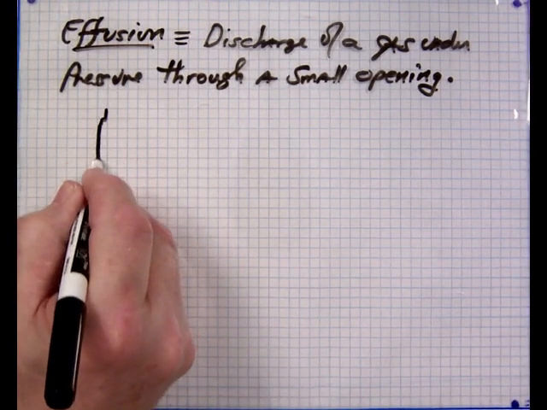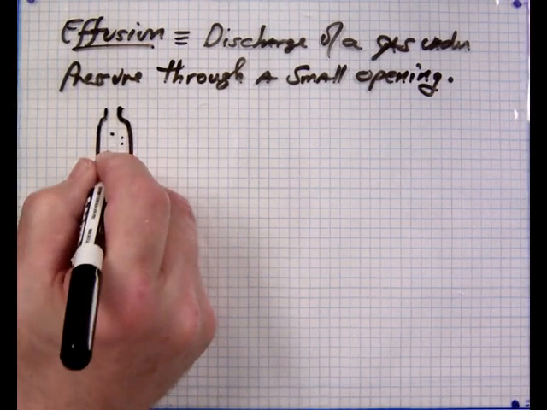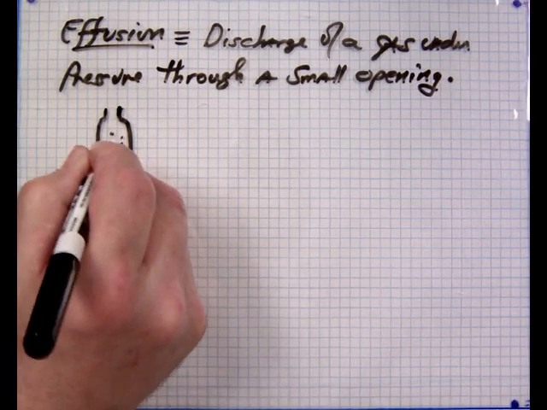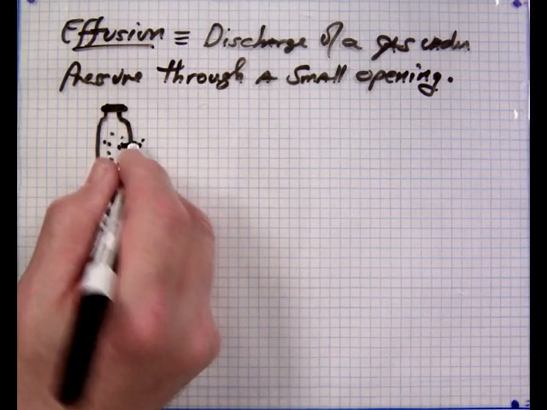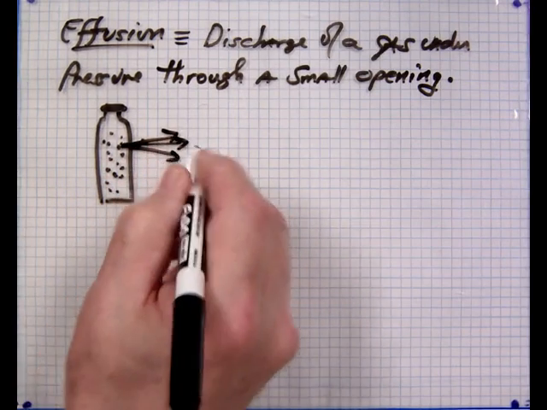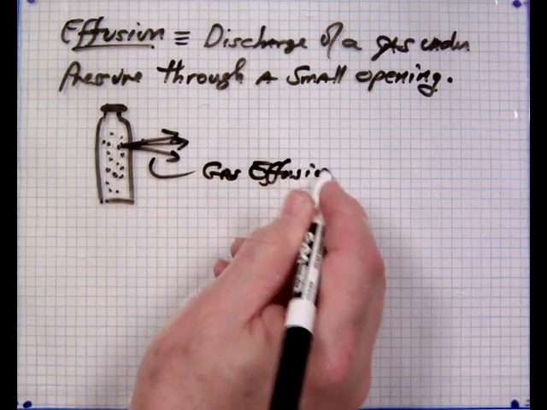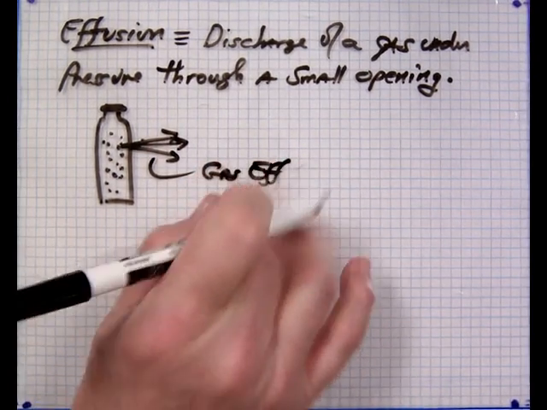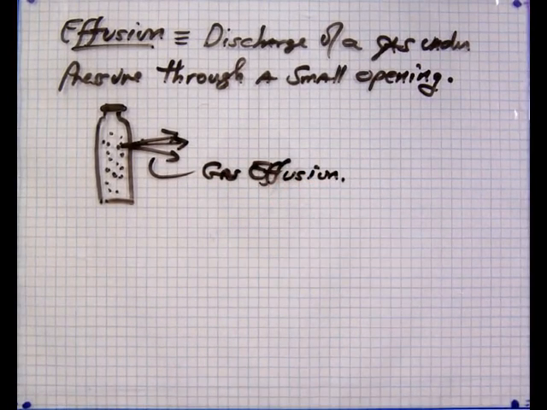If we have a container that contains a gas under high pressure, that's capped, and you puncture that, then that gas is going to effuse, as it squirts out of the side of the container.